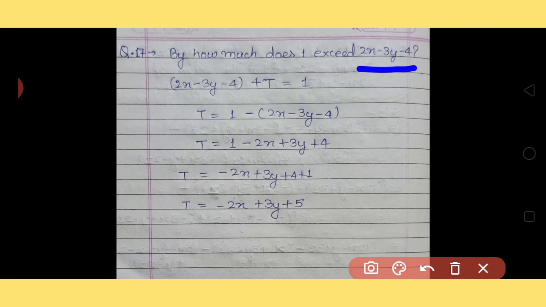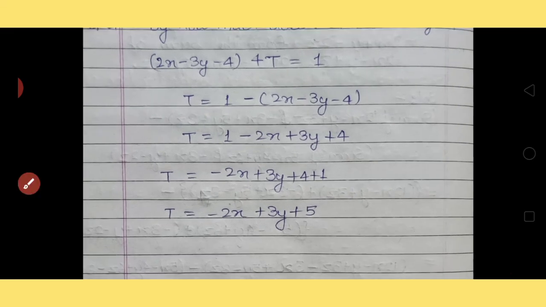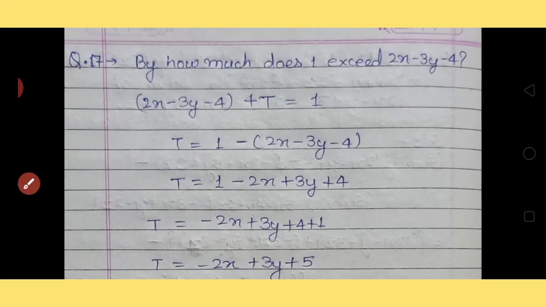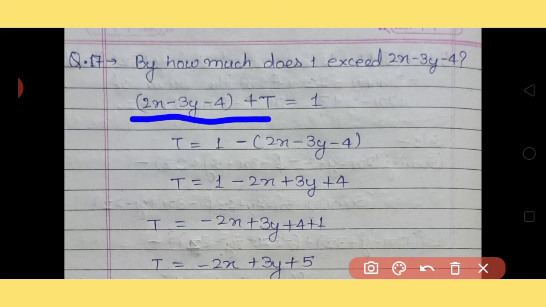Means what should we add in 2x minus 3y minus 4 to get the answer 1? So we don't know what we have to add, so I have written it as adding t and getting the answer 1. So t is equal to 1 minus (2x minus 3y minus 4).